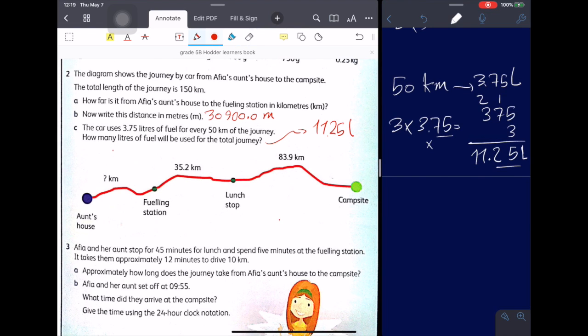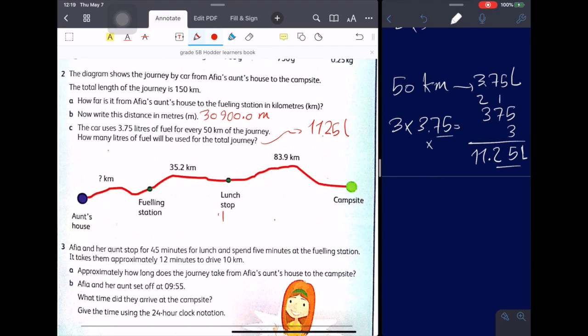According to question number 3, they stopped for 45 minutes at the lunch stop, and another 5 minutes at the fueling station. So in total for all the stops, it is 50 minutes.